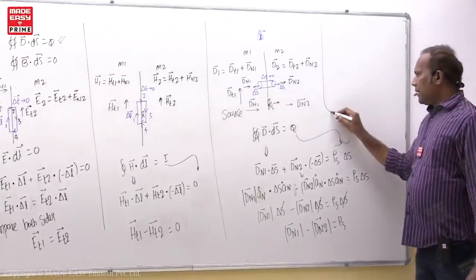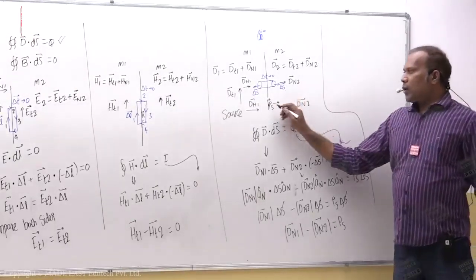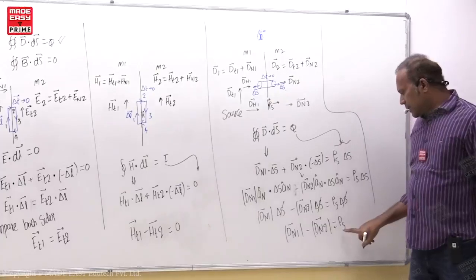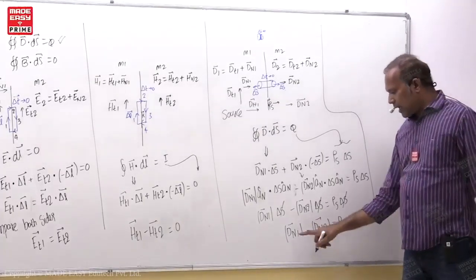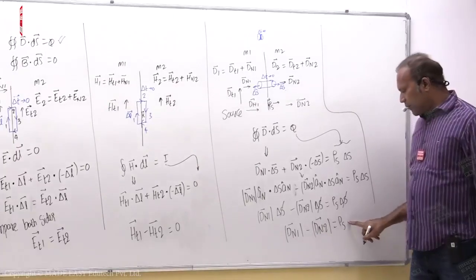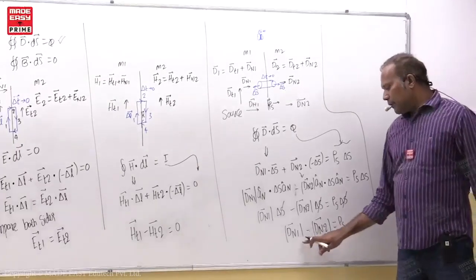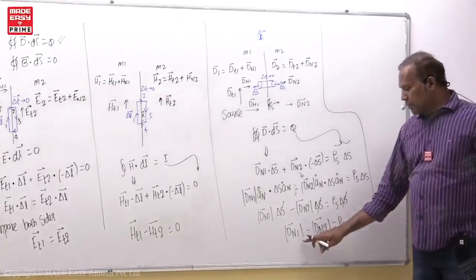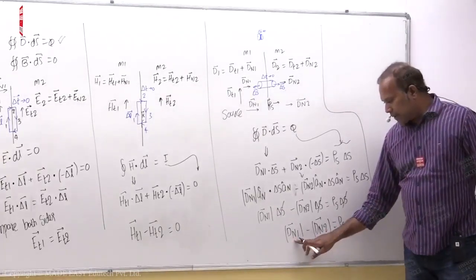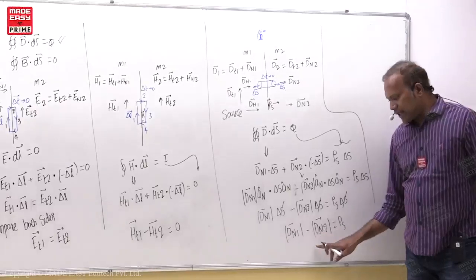So in this way, dear students, if there is a rho s, that means surface charge density is there on the boundary, then dn1 and dn2 are not equal, because of this surface charge density. If they are not equal, you call them discontinuous. So how do you read this? Normal components of electric flux densities are discontinuous.